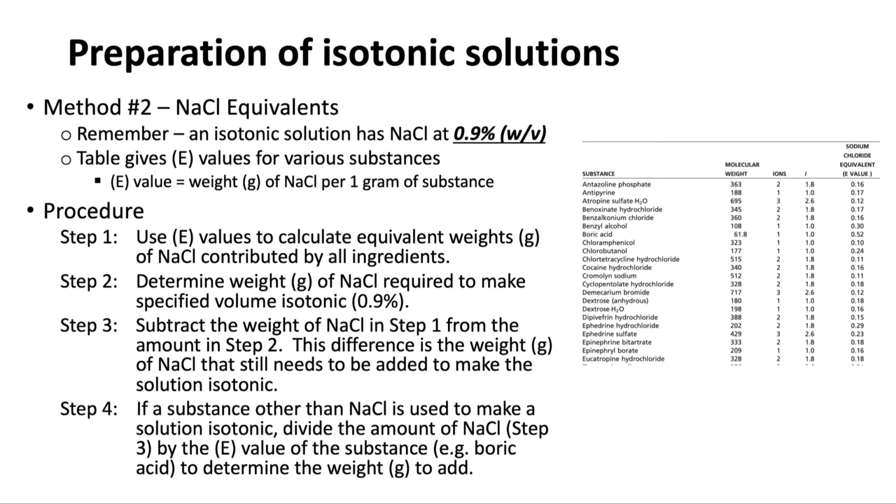It has an E value. You can use the E value to determine how many grams of the drug or that inert drug you would need to provide the amount of sodium chloride left. So step 4, I don't know if I explained that well, but remember step 4 in the sodium chloride equivalent method allows you to either use sodium chloride or some other drug, whatever you want, to make up the remainder of the sodium chloride equivalent that you need to make the solution isotonic.